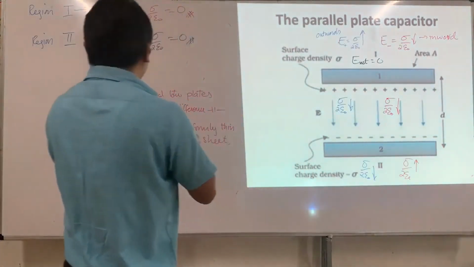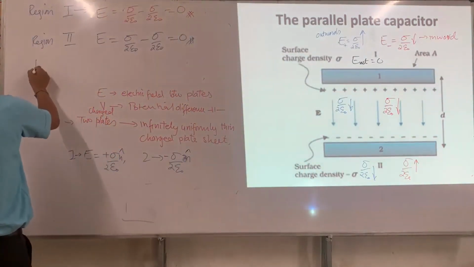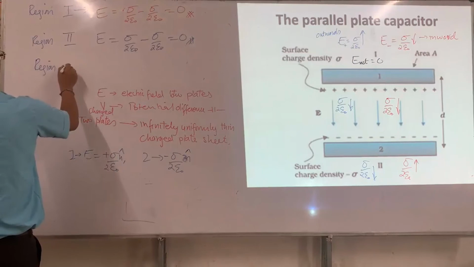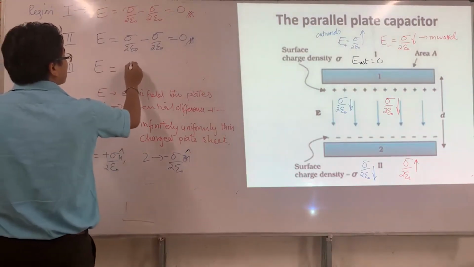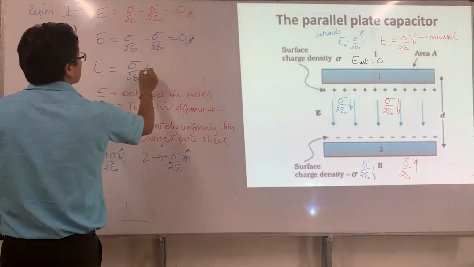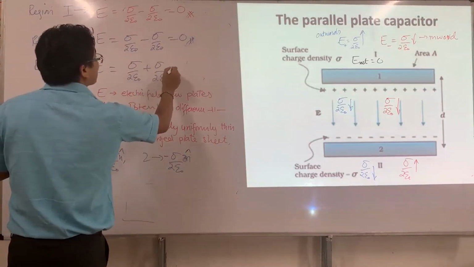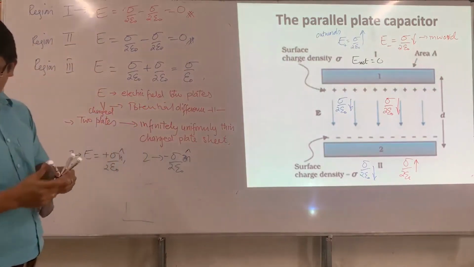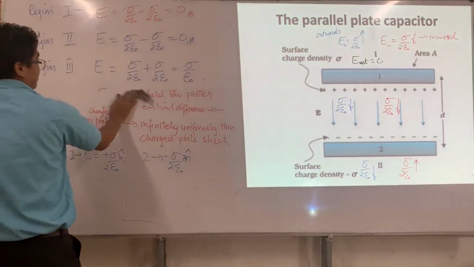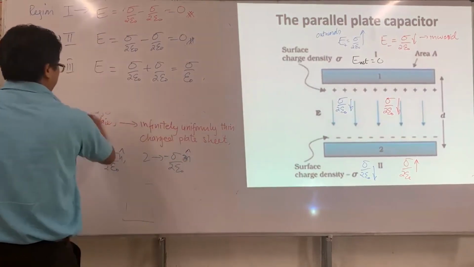Now look here, region number 3 has an electric field of sigma by 2 epsilon naught plus sigma by 2 epsilon naught, which is sigma by epsilon naught. They are all in the same direction.